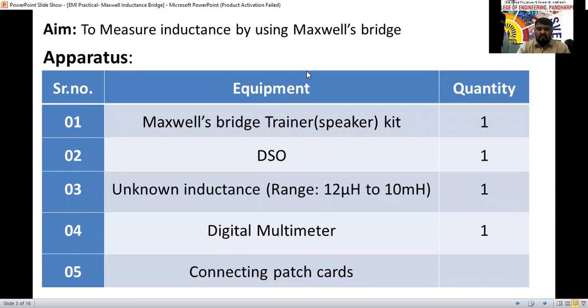A digital storage oscilloscope is required for the measurement of voltage and other things. We can vary the inductance kit. Unknown inductance is required. A digital multimeter is required to measure the voltage. Connecting patch cords or connecting wires are also required. So this is the aim and apparatus.